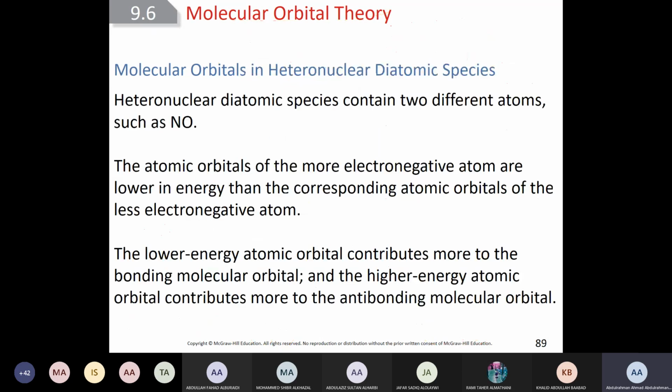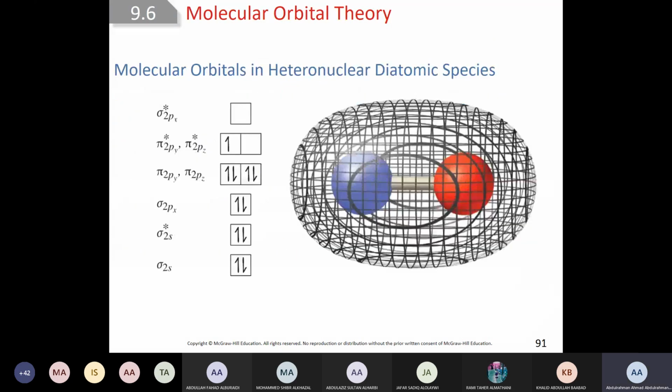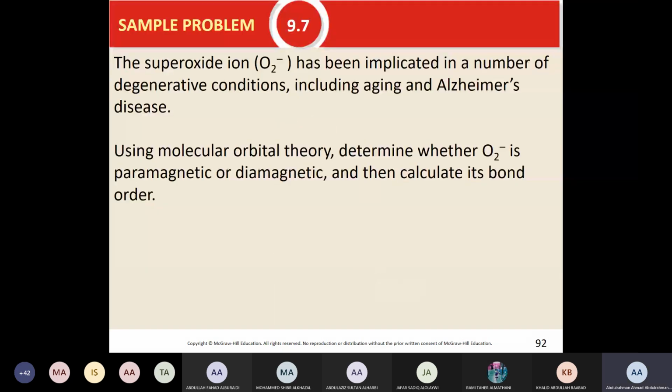Good. Now, let's do the superoxide, O2 minus. What's the bond order? You have to write the structure. Tell me what to write.